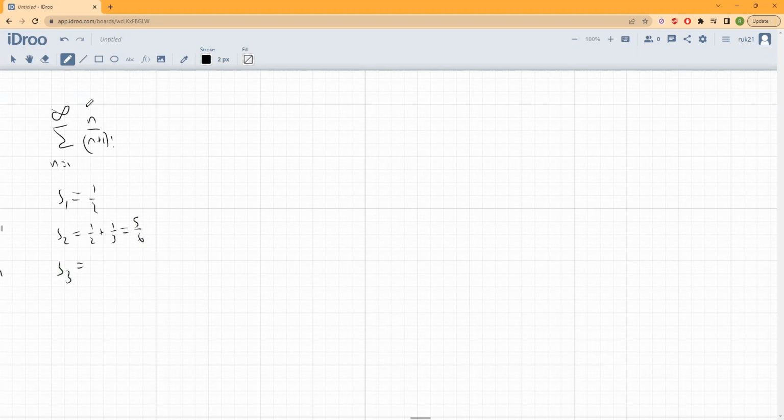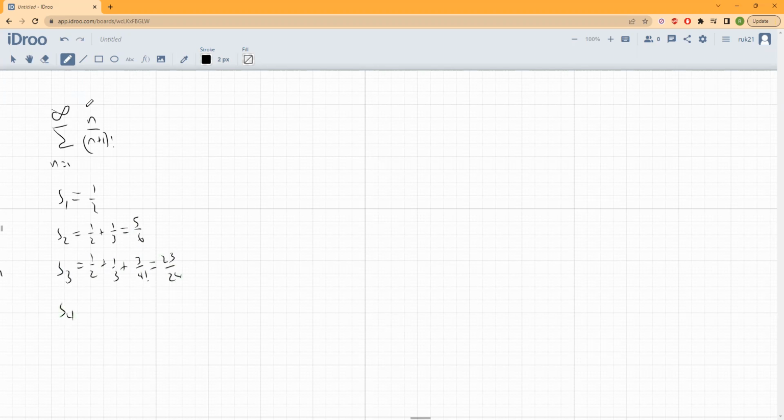So then S3 is equal to 1/2 plus 1/3 plus, now it's going to be 3 over 4 factorial. Let's just write it down because in this case it's going to be easier. And then if you add this, you're going to get 23 over 24.